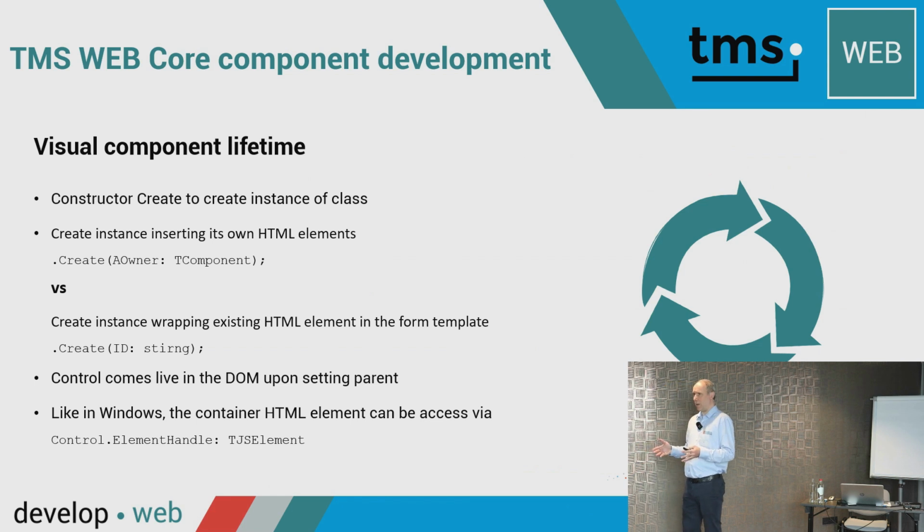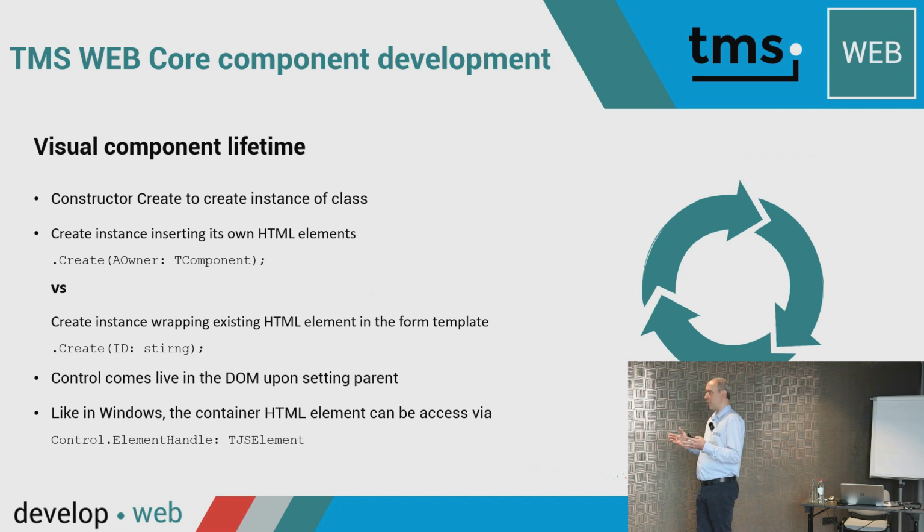Keep that in mind, because we have tried to bring this in the best possible similar way for a WEB Core component, and instead of a window handle, we talk in terms of an element handle. Why an element handle? Because everything in a browser, in the DOM of the browser, is built up of HTML elements.